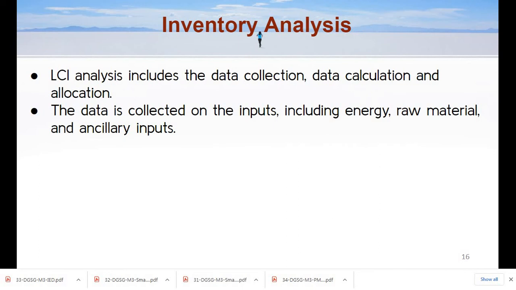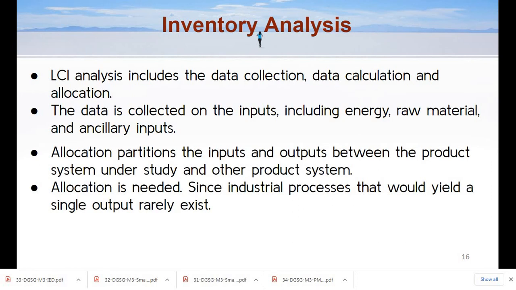Inventory analysis includes data collection, data calculation, and allocation. The data is collected on the inputs, energy requirements, raw materials, and ancillary inputs. Allocation partitions the inputs and outputs between the product system, industry, and other product systems.